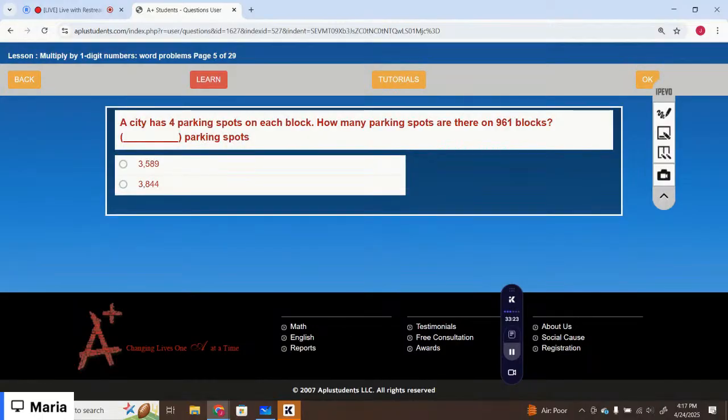A city has 4 parking spots on each block. How many parking spots are there on 961 blocks? So, which is the correct option? 4 times 961 equals.